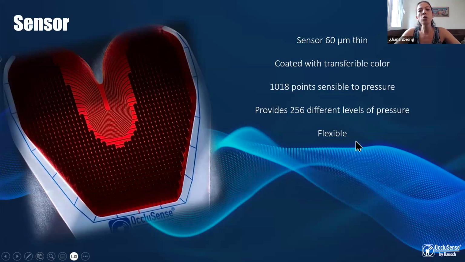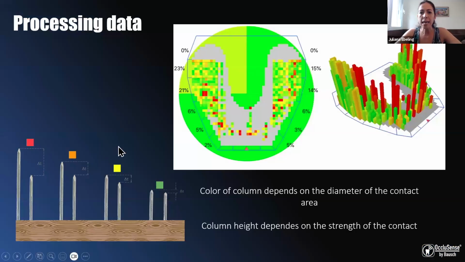So we use this flexibility to model the sensor to the individual occlusal anatomy of each patient. This is very important. And how does the system process this data? We need to understand what each one of these many data we receive means.